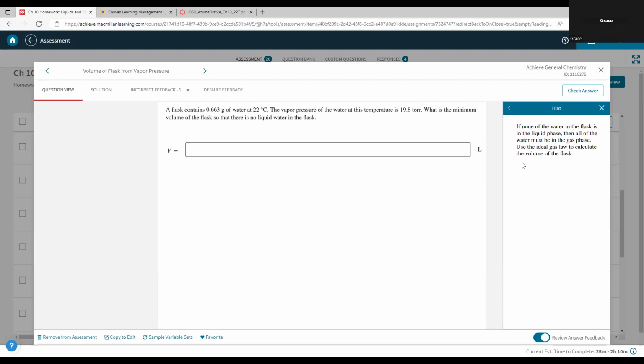How about volume? That's what we're looking for. And how about moles then? We need moles. Or do we have anything that's close to moles? That'd be 0.663 grams.